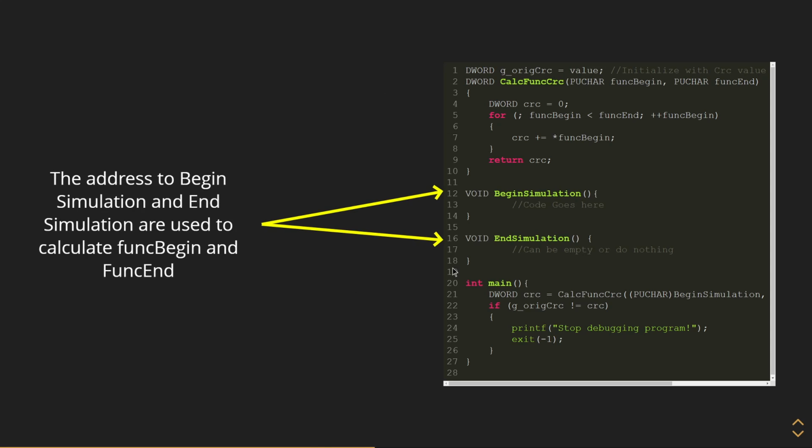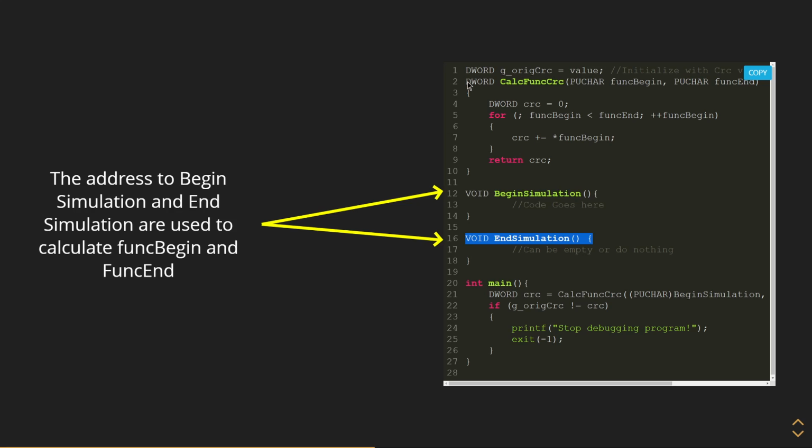So how I did this was I took the address of where I wanted to check, in this case begin simulation, and the address of end simulation. If I calculate the checksum between those two addresses, I can see whether the code in begin simulation has breakpoints inserted.